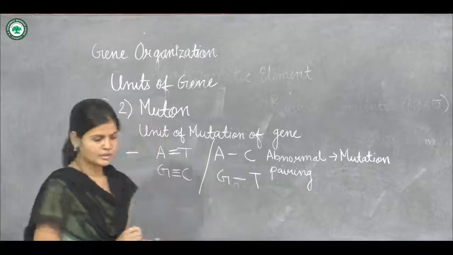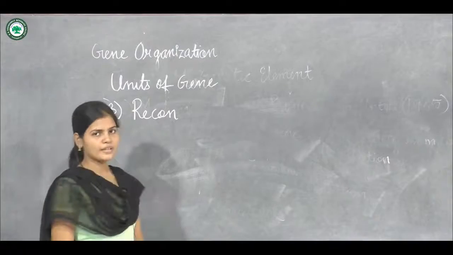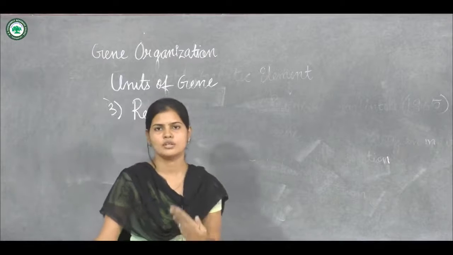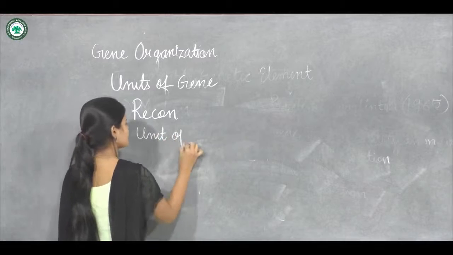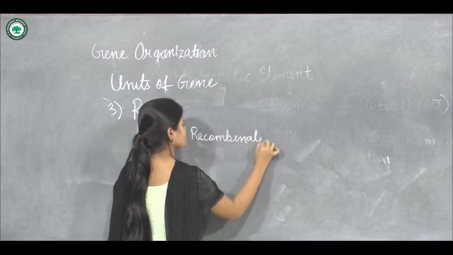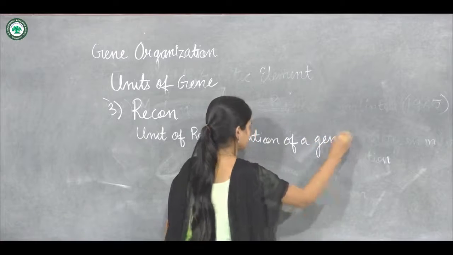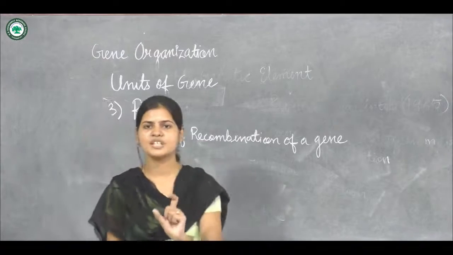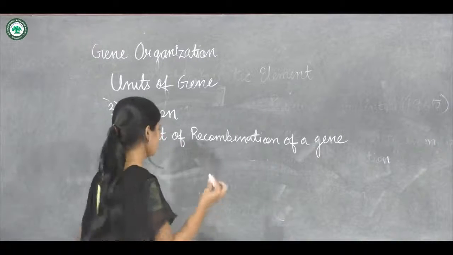Now next is the recon. It is the smallest unit of a gene in which recombination can occur. It is the unit of recombination of a gene. So it is the smallest part of a gene where recombination occurs. And what does recombination mean?